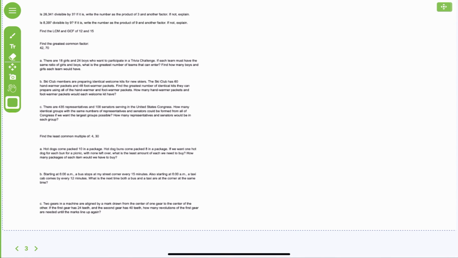What is your rule for being divisible by 3? All right, what's the sum of the digits? 2 plus 6 plus 3 plus 4 plus 1 is 16. Is 16 divisible by 3? No. Therefore, it is not divisible by 3.